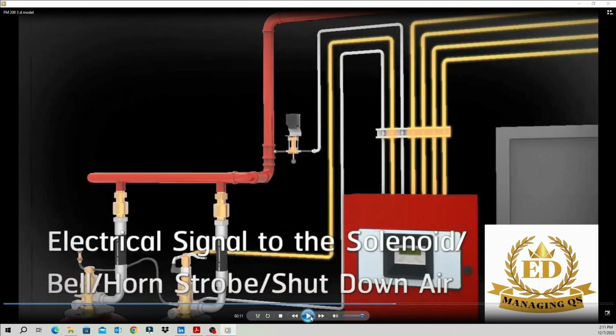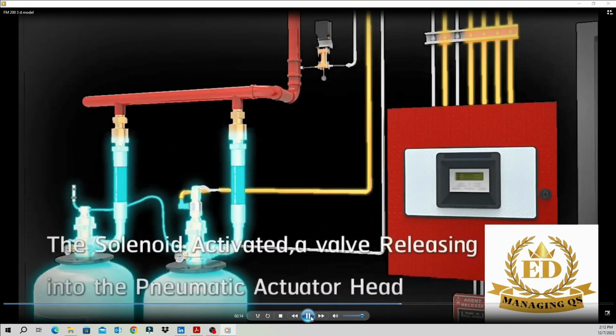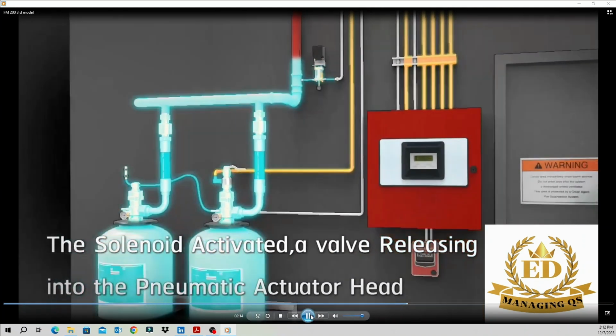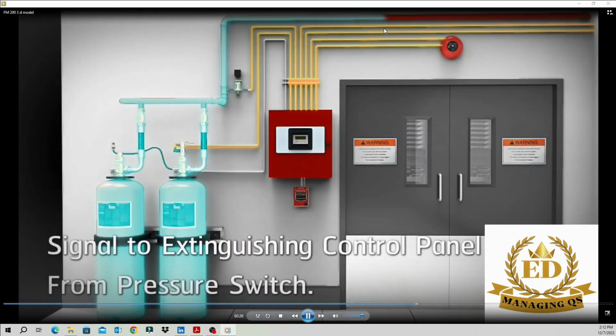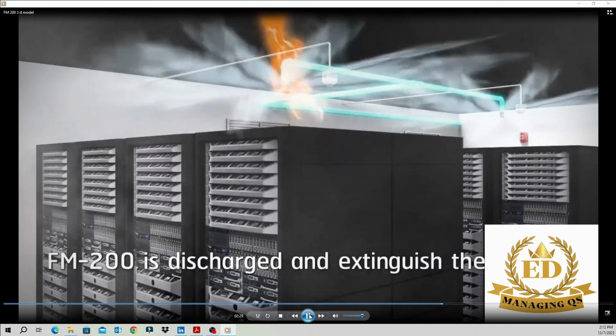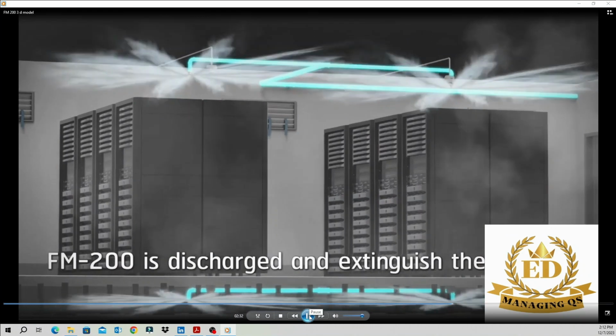If the signal goes to the cylinder portion, the cylinder is immediately activated, and the FM200 gas goes into the red color pipes, you can see. The gas goes through the pipes, and the discharge nozzles help to spread the gas through the room. So the gas fully suppresses, and then the fire is put out.